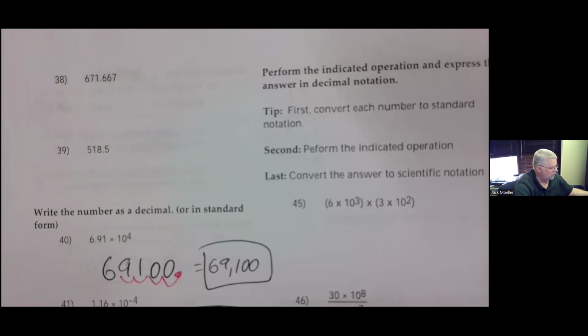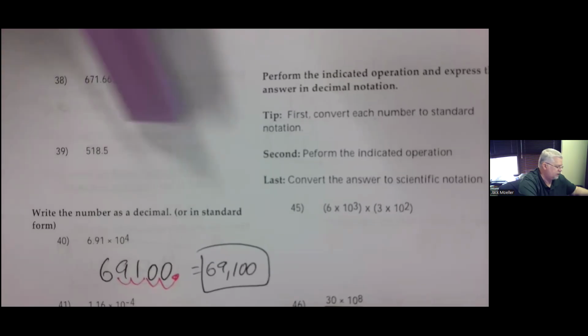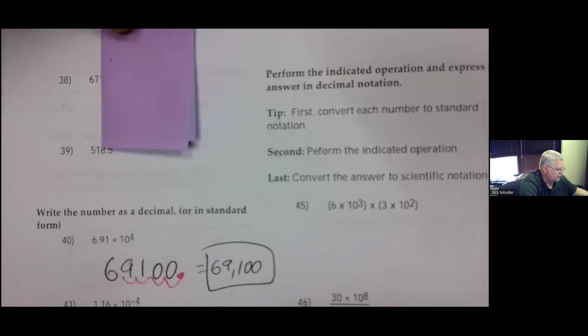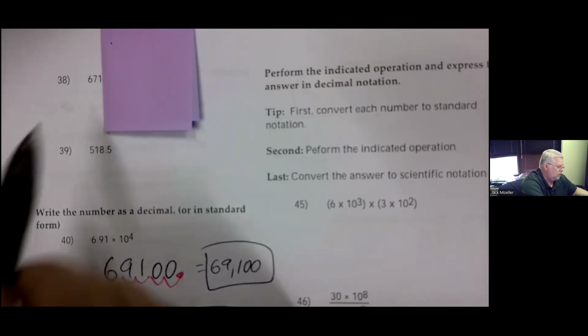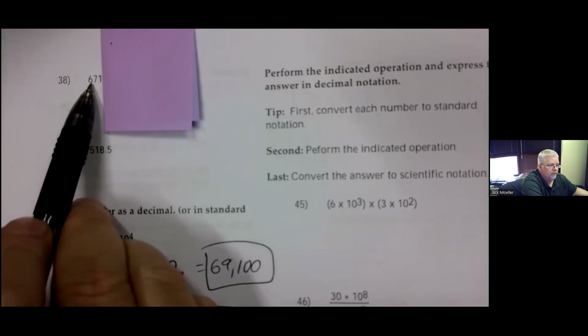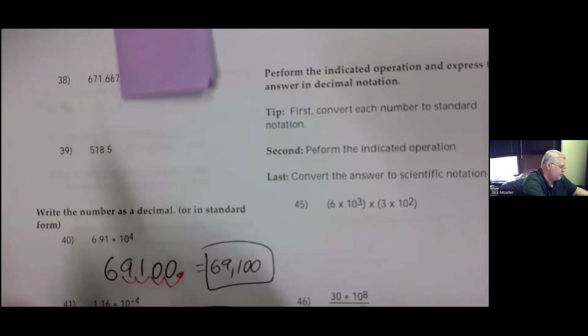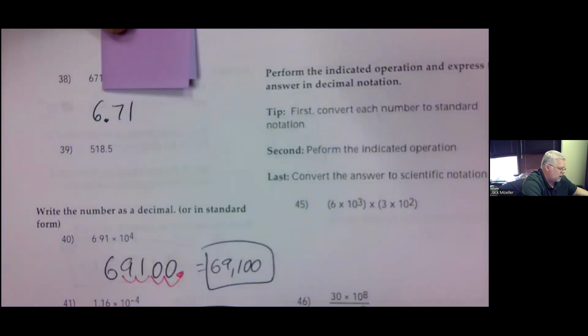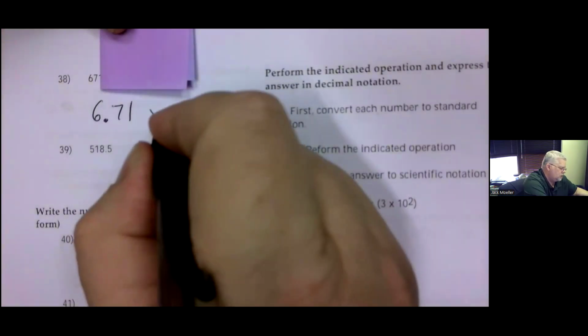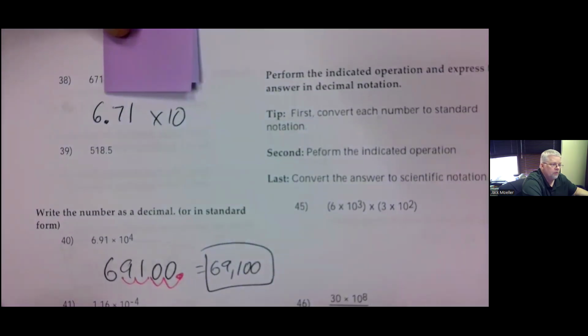Well, there's a couple ways to think about it, but I think over the years, the easiest explanation I have is to ignore the decimal part initially. So don't even look at that 0.667. What would 671 be in scientific notation? Well, you go to the right of the first non-zero number, so it's going to be 6.71. And how many places do we move the decimal?